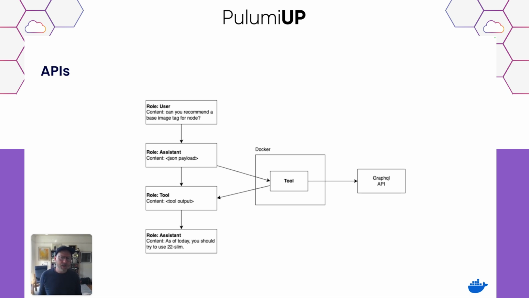And the LLM can then follow up with a JSON payload to ask our engine to run a tool to call a GraphQL API and get a better recommendation. And then the assistant can respond with a combination of what it already knows and some information that's been pulled back from this GraphQL API. And hopefully this improves the ability of the assistant to make a good recommendation here.